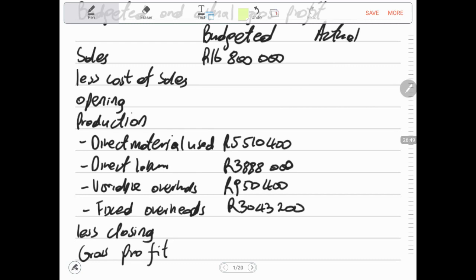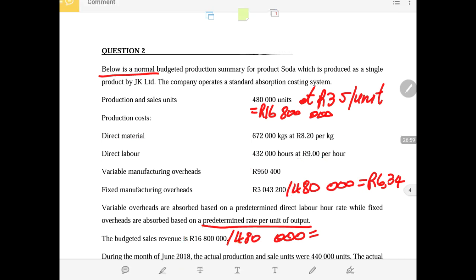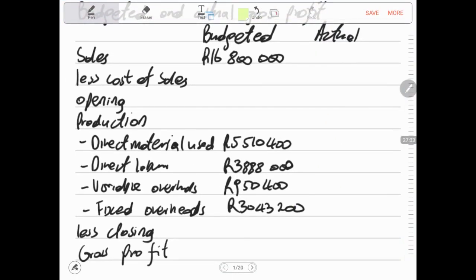So that will be our fixed overheads, 3,043,200 rands. Then we go to the next part of the budget, which is the closing inventory that is not there because all that was produced was all sold. And the opening also was not there because all that was produced was all sold. There was no opening inventory.